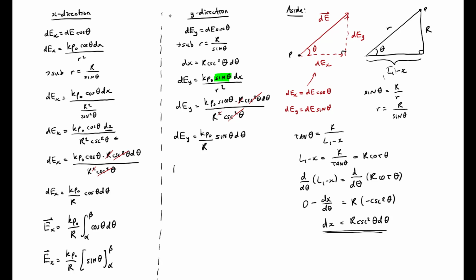This means I can integrate and get Ey is equal to k rho naught over r times the integral from alpha to beta of sine theta d theta. And Ey is equal to k rho naught over capital R negative cos theta from alpha to beta.